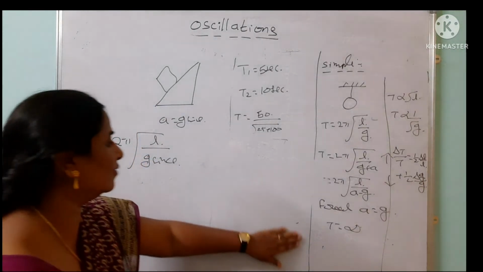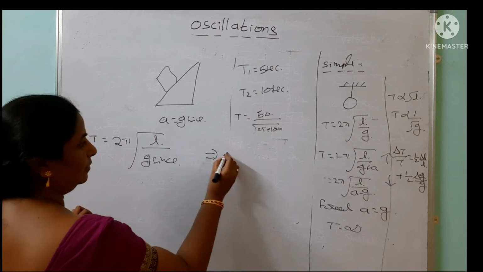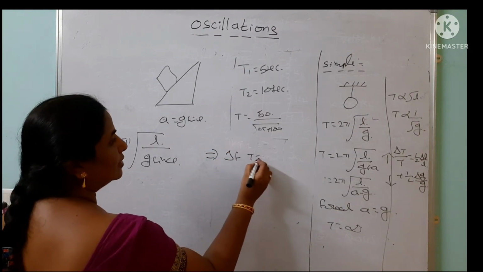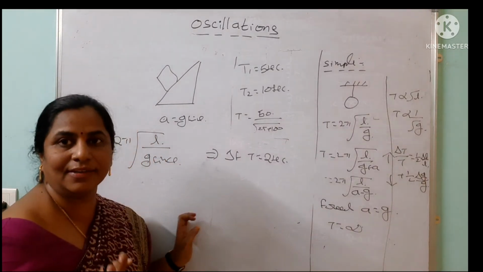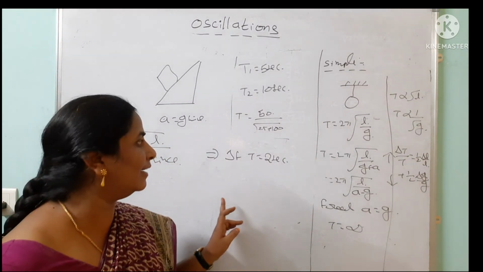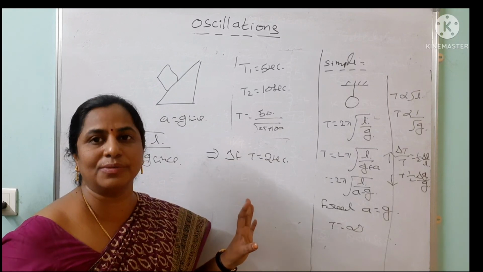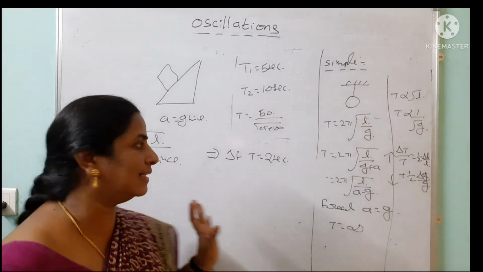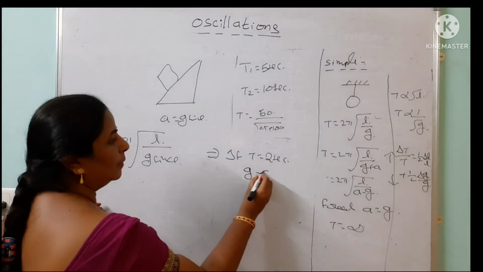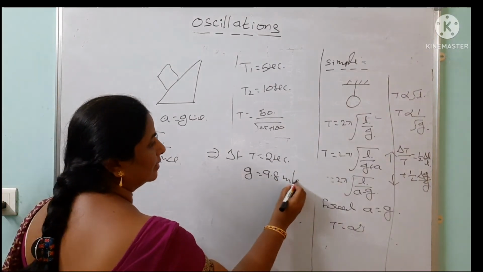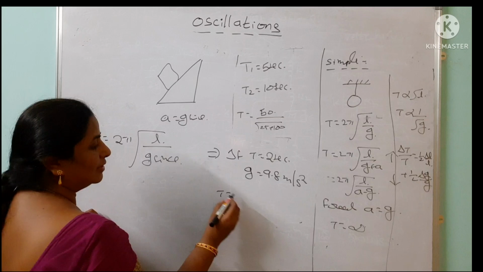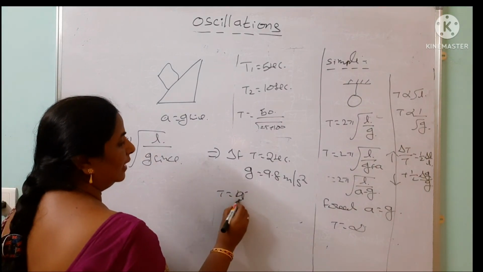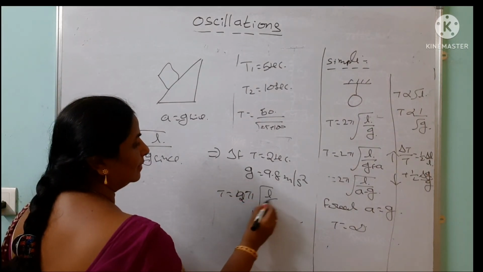And here, one problem on time period also we are doing. If T equals 2 seconds, it is a seconds pendulum. In some cases they give seconds pendulum, and immediately you can take T equals 2 seconds. And acceleration due to gravity we take as 9.8 meter per second square. Then find the length of the pendulum. You know T equals 2 pi into under root l by g.